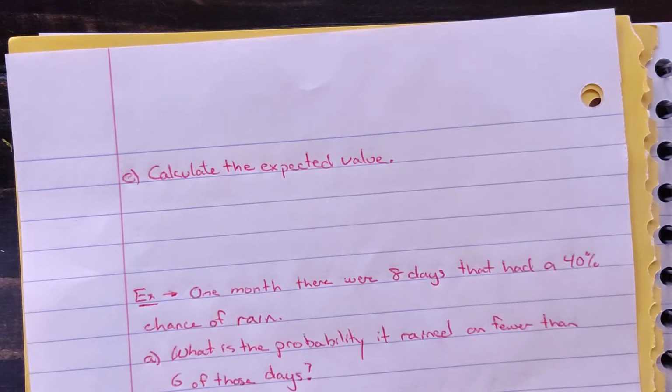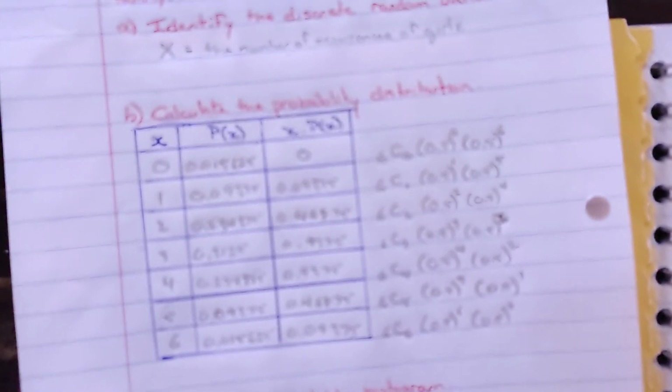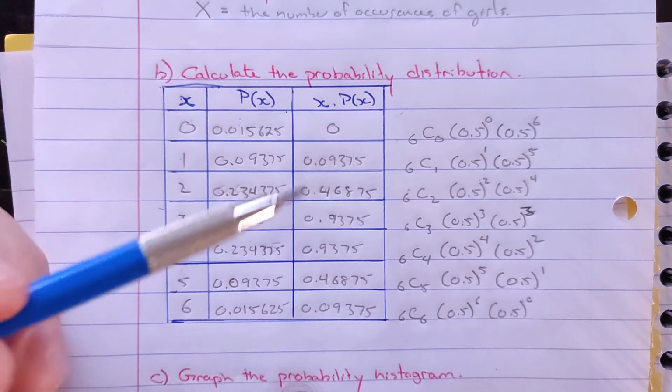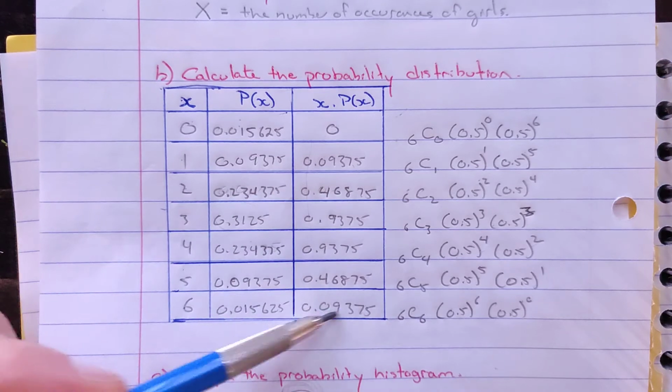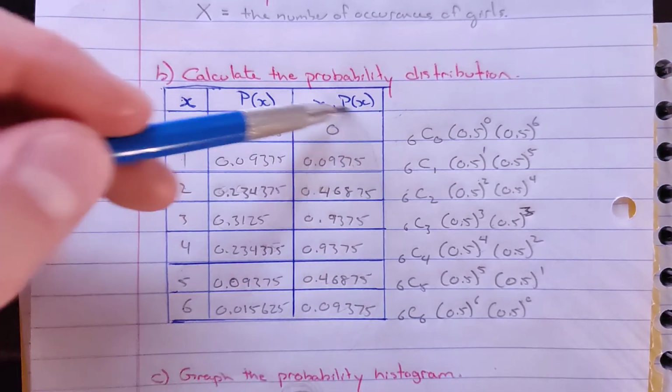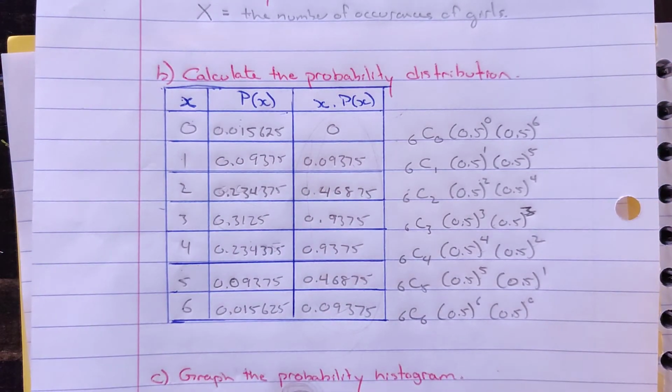If we continue on with that, the last part there is we want to calculate the expected value. So when we're calculating the expected value, we're taking these and we're summing all of these values here, x times the probability of x.